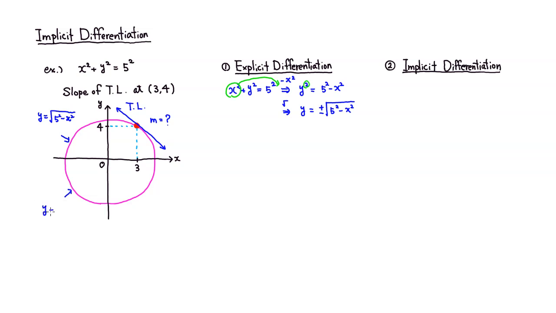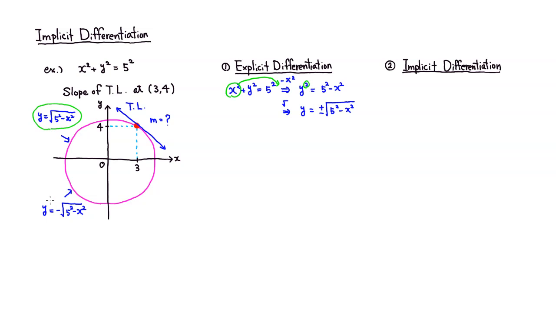The bottom one is y equals negative square root of 5 squared minus x squared. In this particular problem, the point of tangency is located on the top semicircle. So we're going to use the top one, the positive one, and we can ignore the other one.